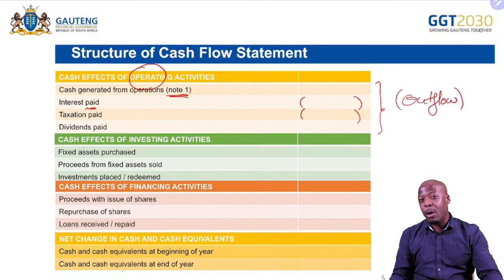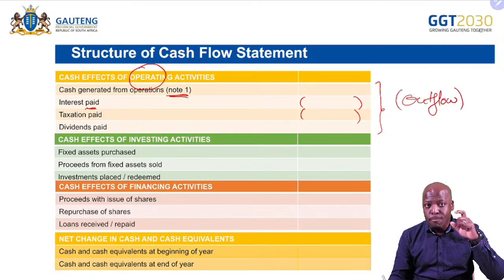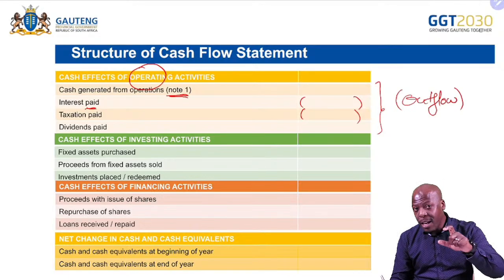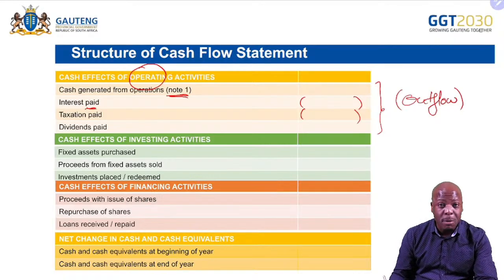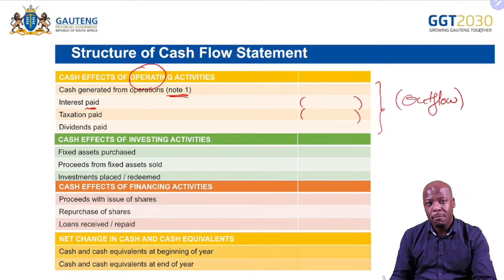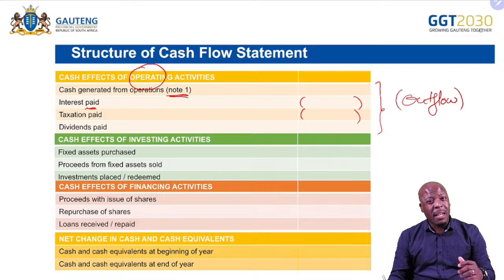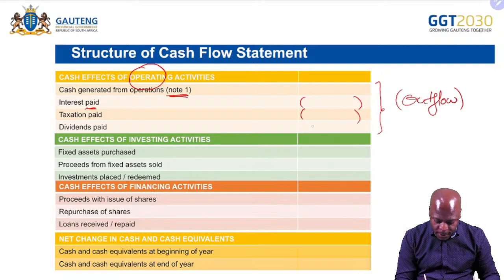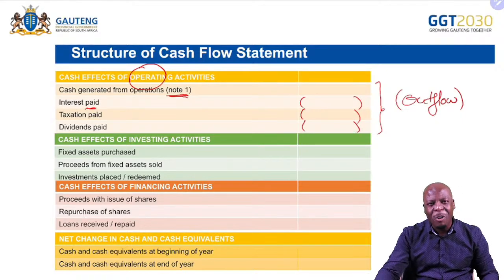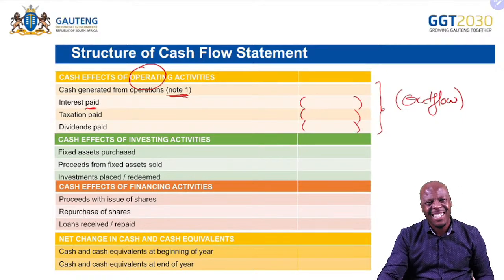In your mind already, you must think, if it's paid, I must have brackets. The third aspect is dividends paid to our shareholders. With the dividends paid, it is very important that you also put your brackets even before you've done the calculation.